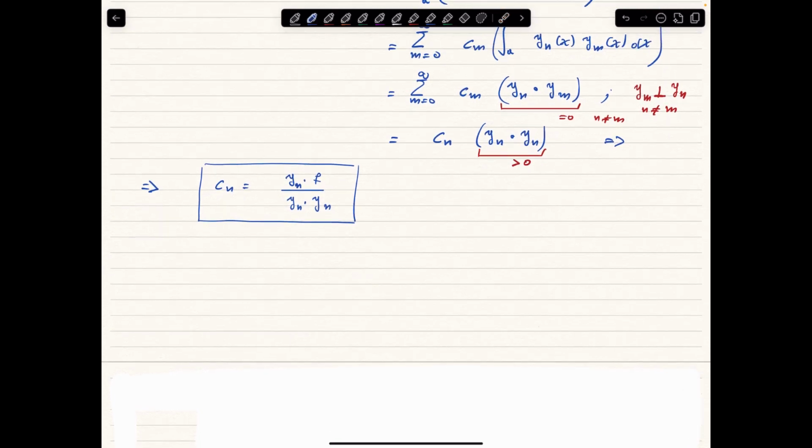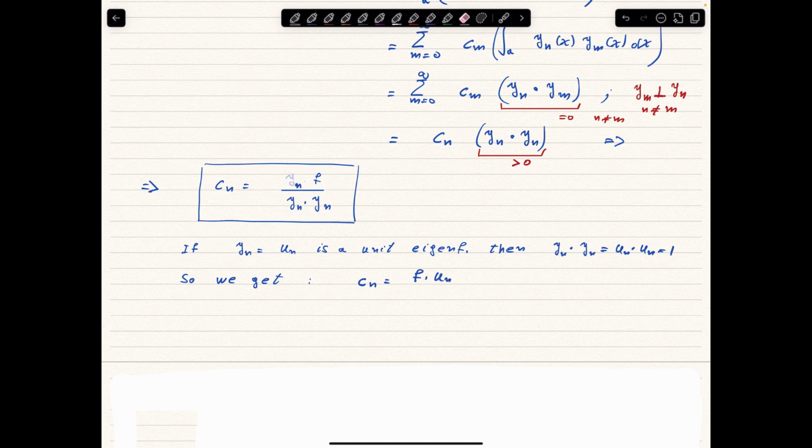If the function y_n is actually unit, so let's say u_n is a unit eigenfunction, then y_n dot y_n is the same as u_n dot u_n, which is 1, and so we get that the formula for the coefficient C_n in this case is going to be f dot u_n.